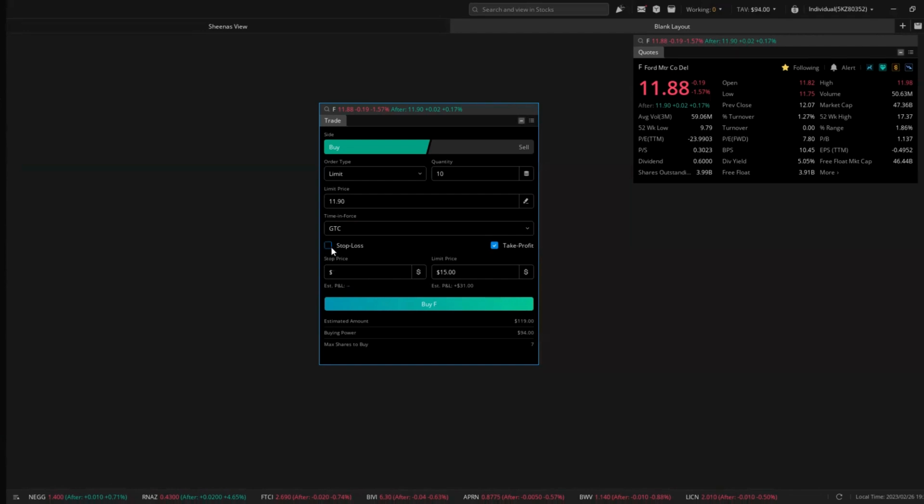Now, if you didn't want to have these, you can always uncheck them, and then that would just leave this blank. And essentially this would just mean that you were setting an order to buy the Ford stock at $11.90 at a limit order type, which means you are going to get executed at $11.90 or better.